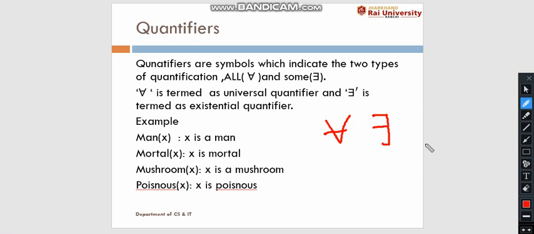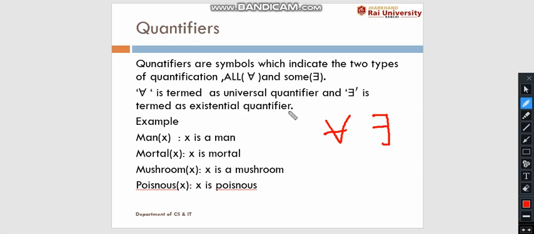In real world problems, there are many statements which are represented in the form of all and in the form of some. So, we cannot represent these statements using propositional logic. So, we require the quantifiers to represent all those sentences. Here, for all is the universal quantifier, while some is the existential quantifier.